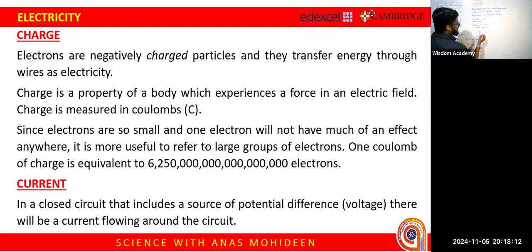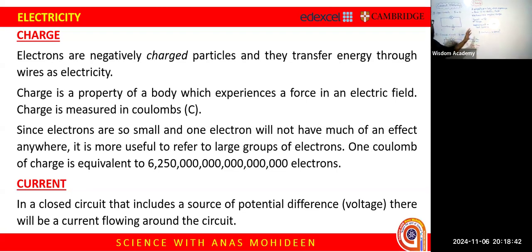1 coulomb is equal to somewhere around, can you read that number? 62500000, it goes on. 6.25 into 10 to the power 18.